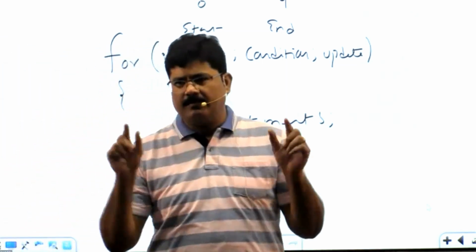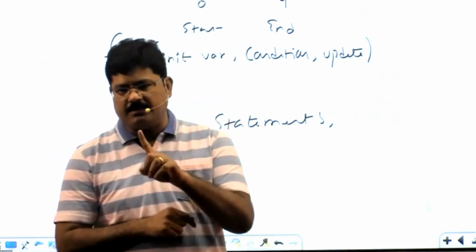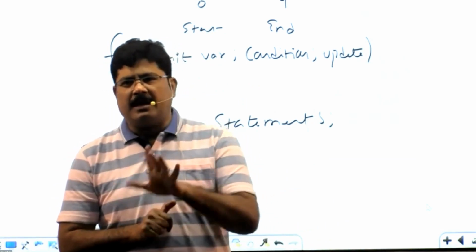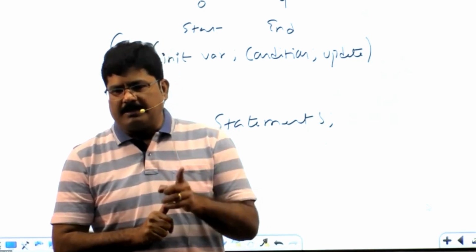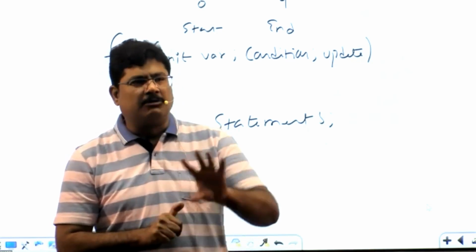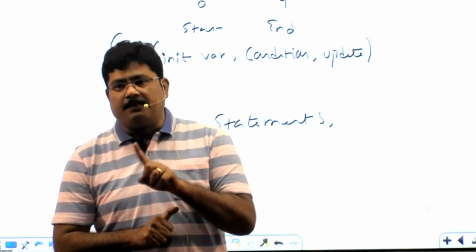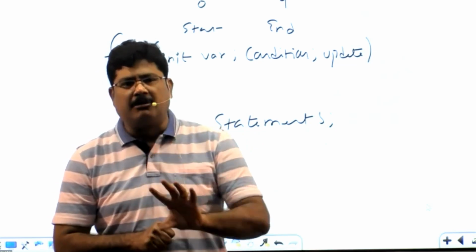What is the loop name? For each, meaning for each item present in an array, for each item present in an array list, I want to run some code.